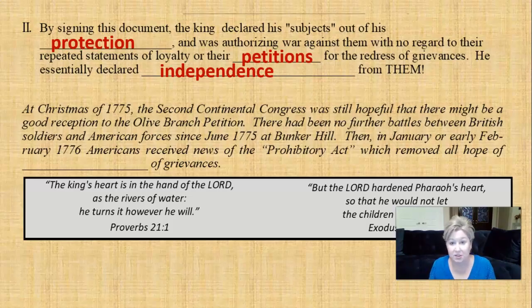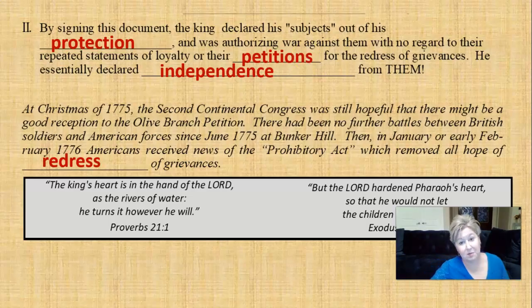They don't get any response. But in late January, early February, they find out about this and realize that's the end. There's no more negotiating. There's not been any more bloodshed, nothing else, but the king's heart is hardened towards them.